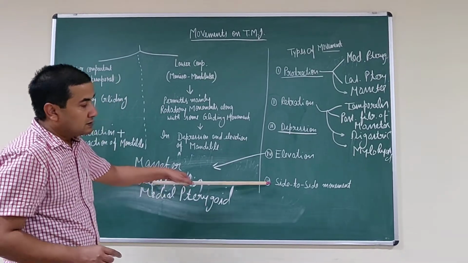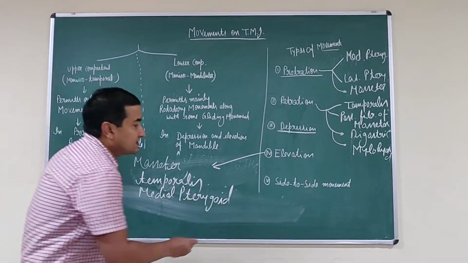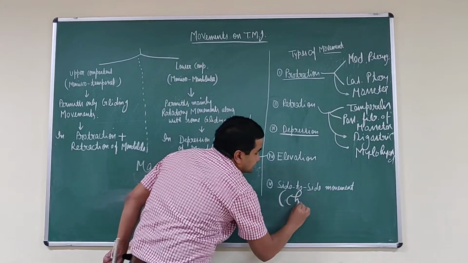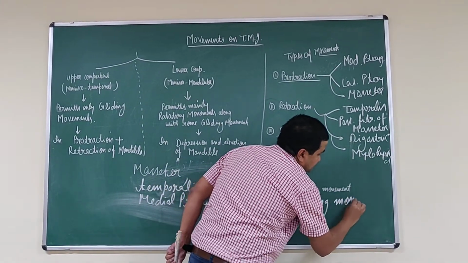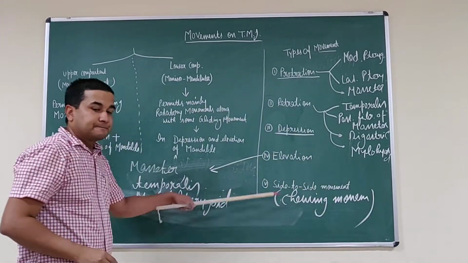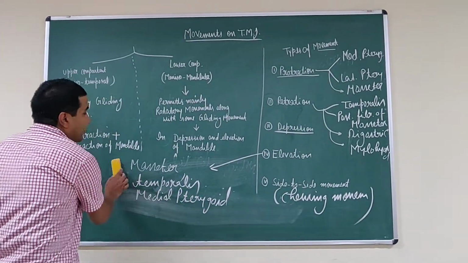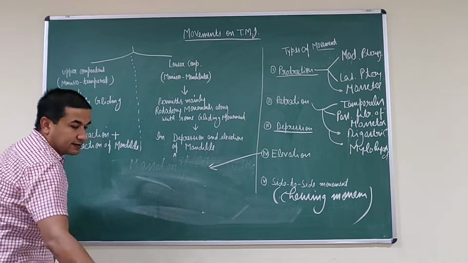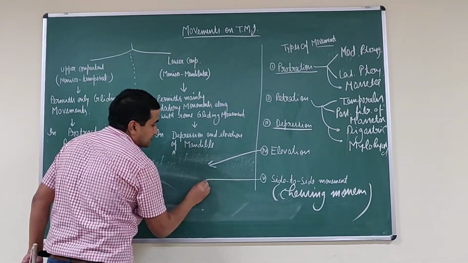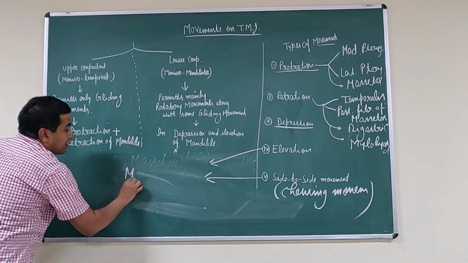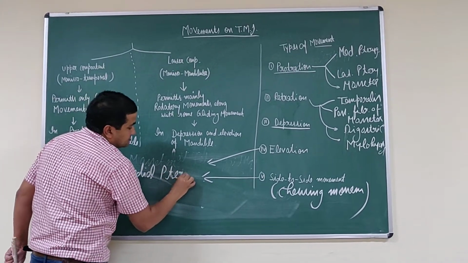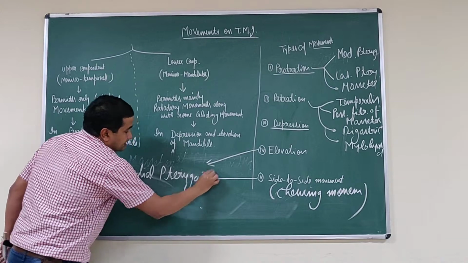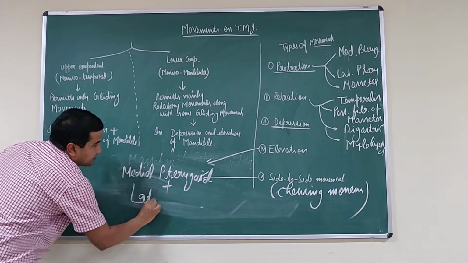Now the side to side movement, which is also known as the chewing movement. This chewing movement is mainly by two muscles, the medial pterygoid plus the lateral pterygoid muscles.